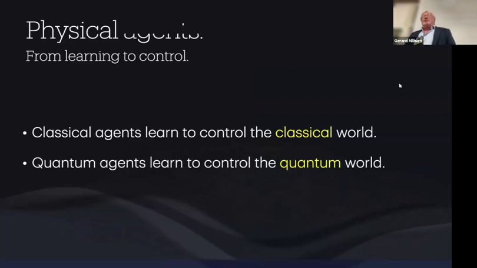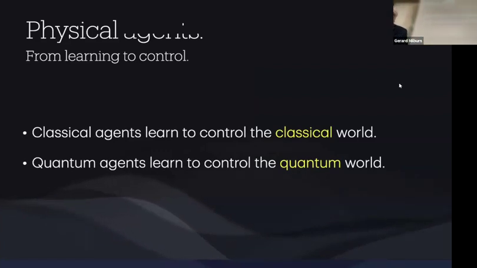So classical agents, such as ourselves, learn to control the classical world, but a quantum agent, which could be us, but I think it's unlikely, will learn to control the quantum world.